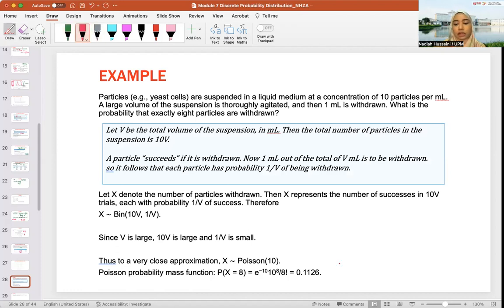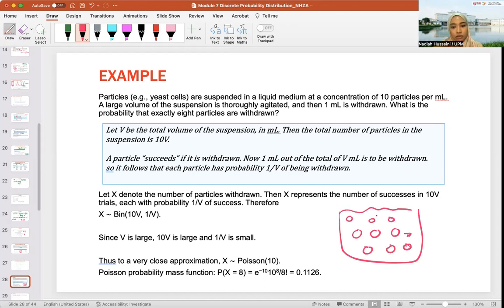So let me try to draw this. So you have your beaker, assuming that this is some particles. We don't have to go with beer. It can be any chemical, basically. So 1, 2, 3, 4, 5, 6, 7, 8, 9, 10. They're supposed to be identical, but I don't have the skills for that. So this is your solution.